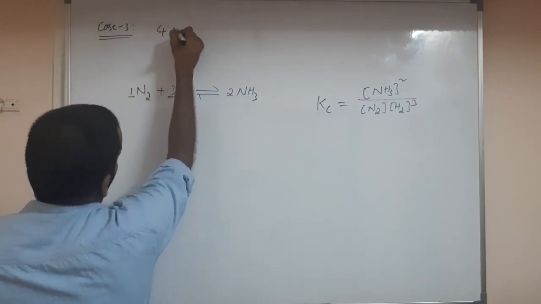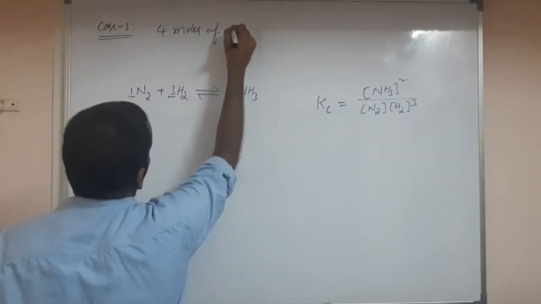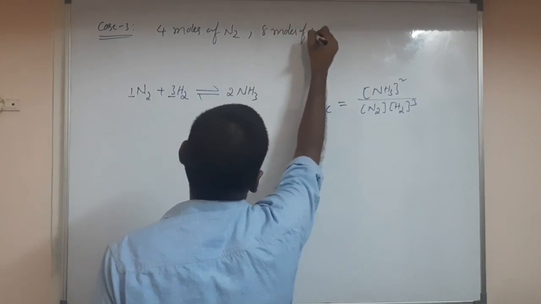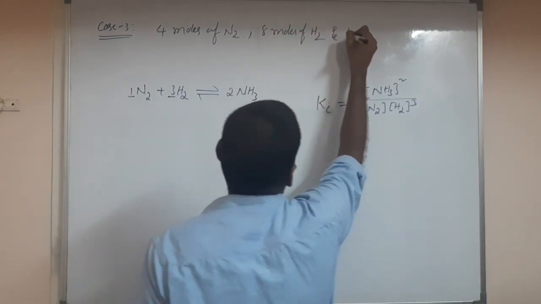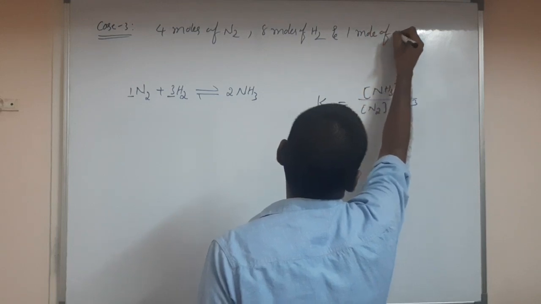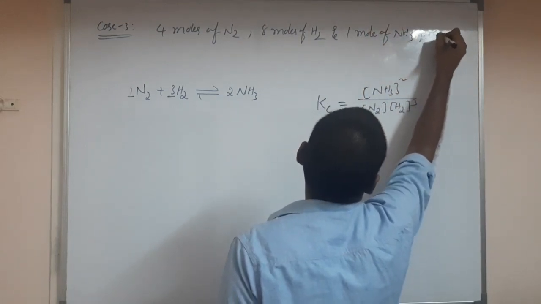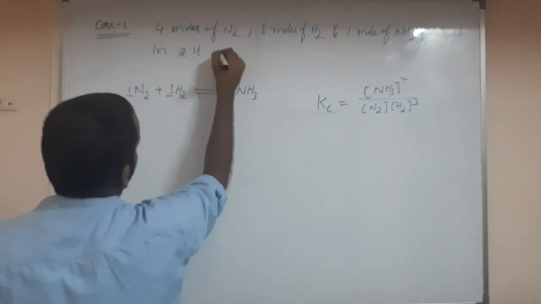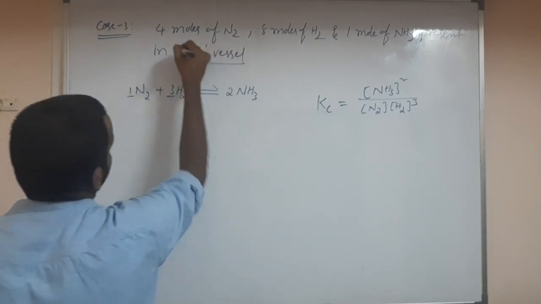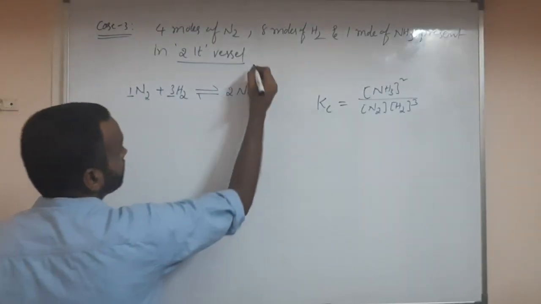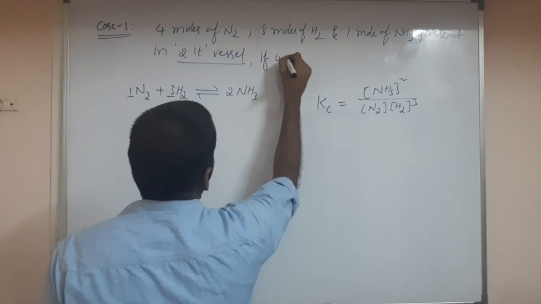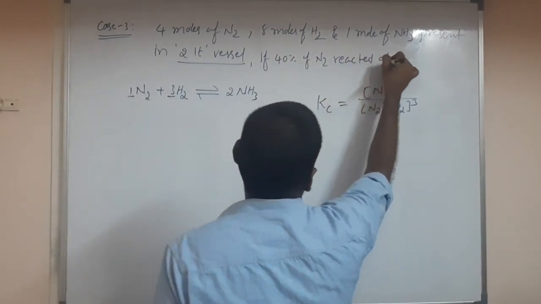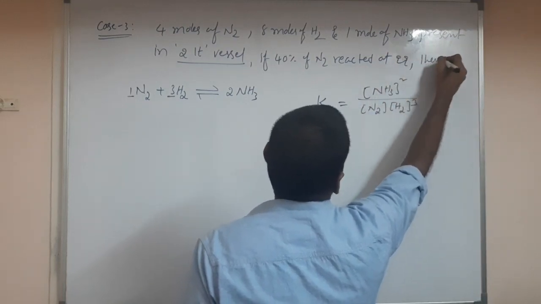Same: 4 moles of N2 and 8 moles of H2 and 1 mole of NH3 present in a 2-liter vessel. If 40% of N2 reacted at equilibrium, then find Kc.